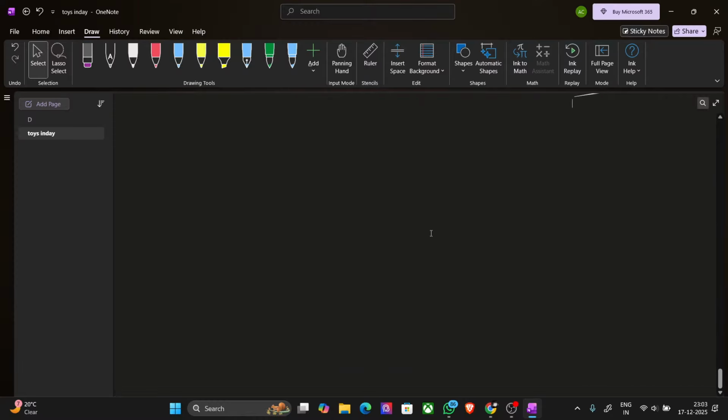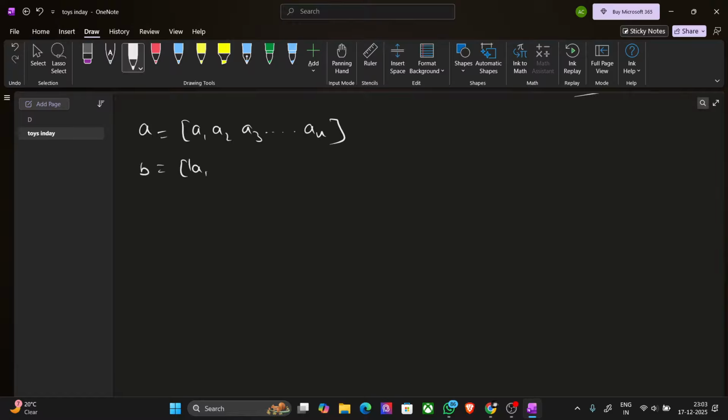This problem is pure mathematics, so let's dive into it. We are given an array a and an array b, b1, b2 to bn. Now we start with value y equals x.